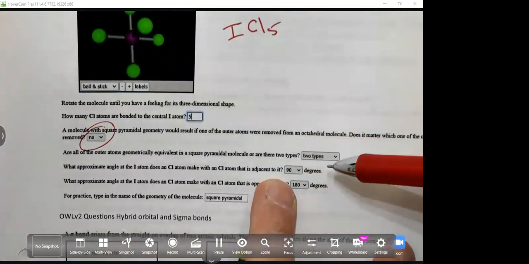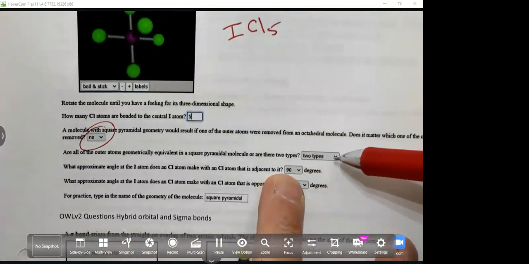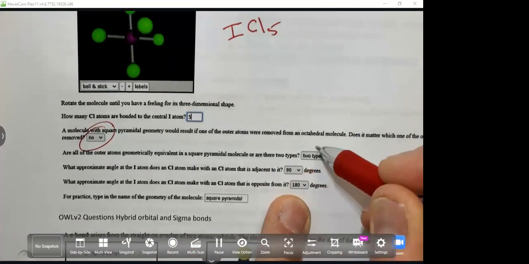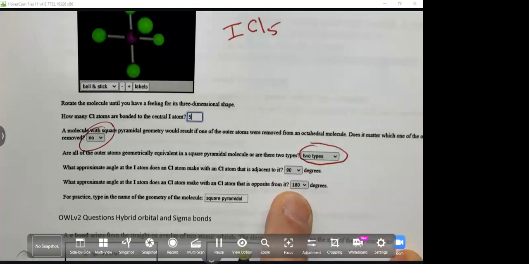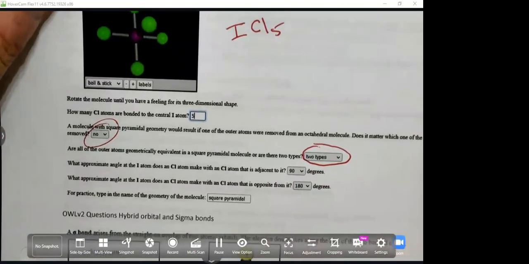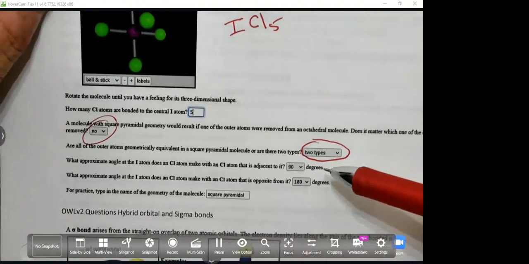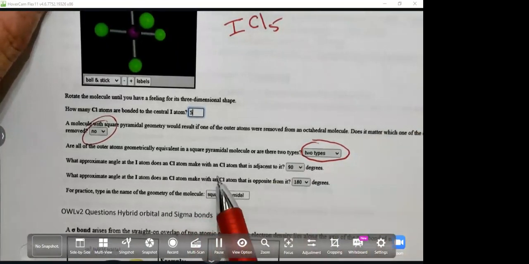Are all the outer atoms geometrically equivalent in a square pyramidal, or are there 2 types? There are 2 types. What approximate angle do you get for the chlorine atom?